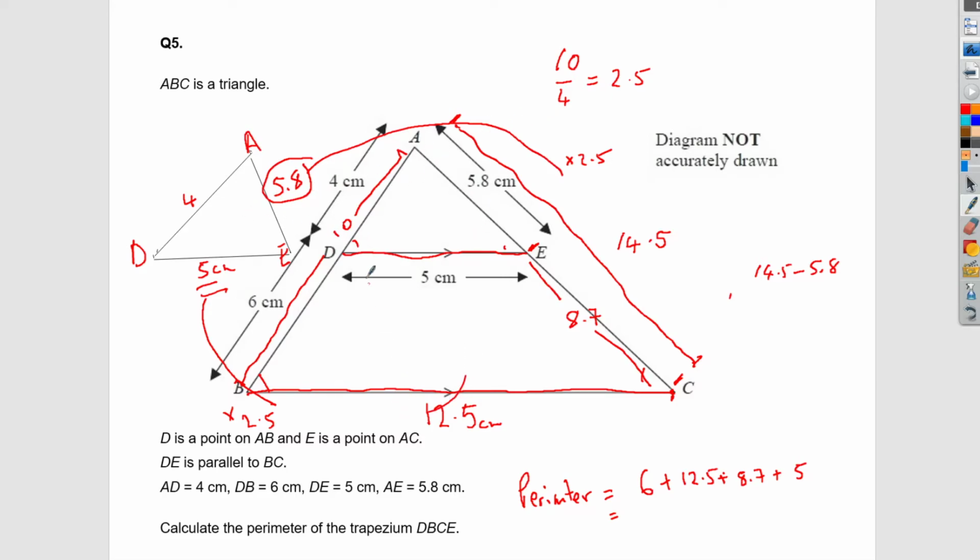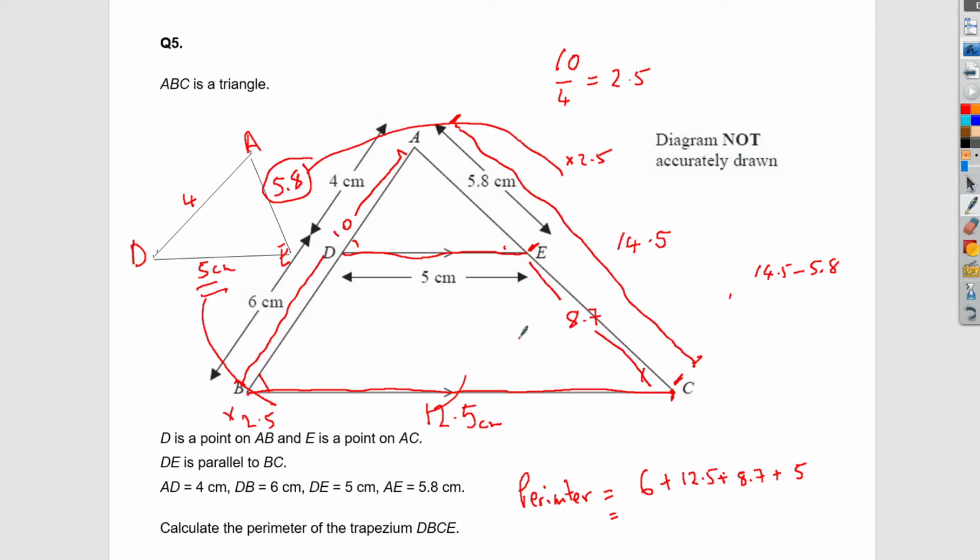Then we had to do that to get the multiplier and multiply it by DE to get the full length of BC. And similarly, we did the same thing to get from AE to AC. Then we had to do that subtraction and then add all these sides together.